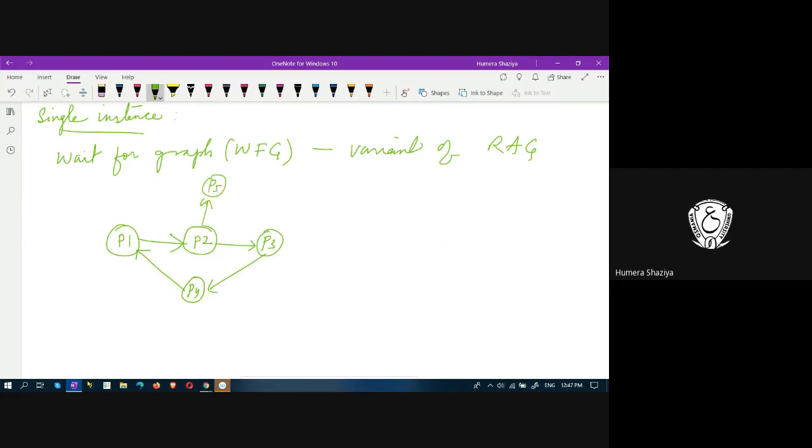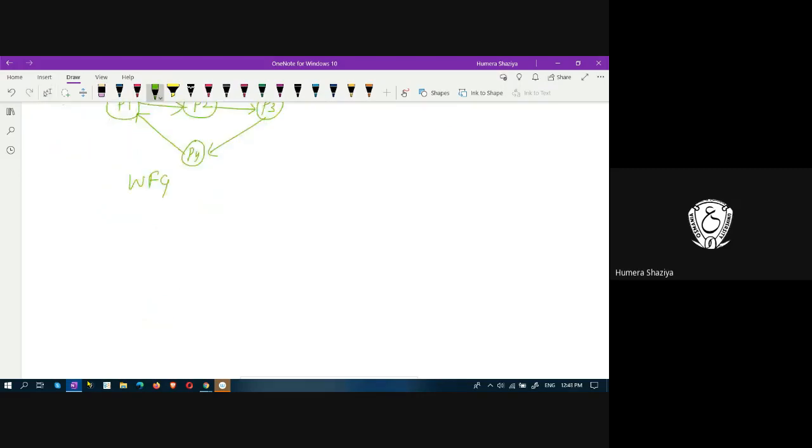This is known as wait for graph. And if there is a cycle in this wait for graph, it is concluded that there is a deadlock in the system. This is the method used to detect a deadlock when there are single instances of resources.